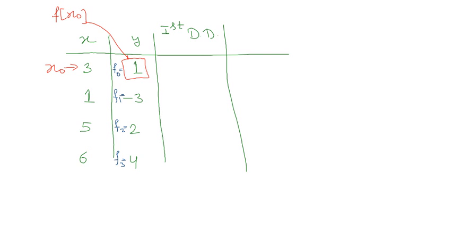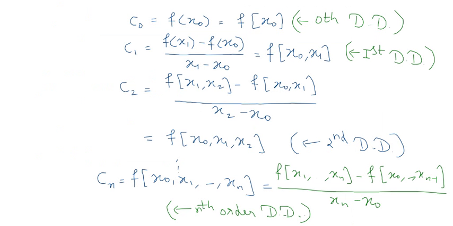If we use these notations for f of x naught, f of x1, f of x2, f of x3, with x1, x2, x3, then C1 is nothing but f1 minus f naught divided by x1 minus x naught.